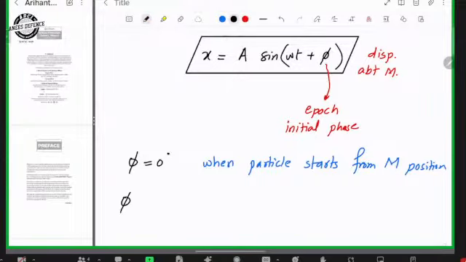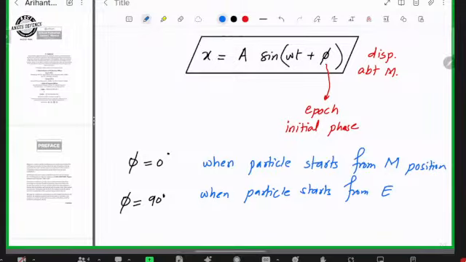Similarly, phi can be taken as 90 degree if the particle starts from the positive extreme position. If initially the particle is at the positive extreme position, I will take the value of phi as 90, and if the particle starts from mean position, I will take the phi value as 0 degree. Okay, understood?